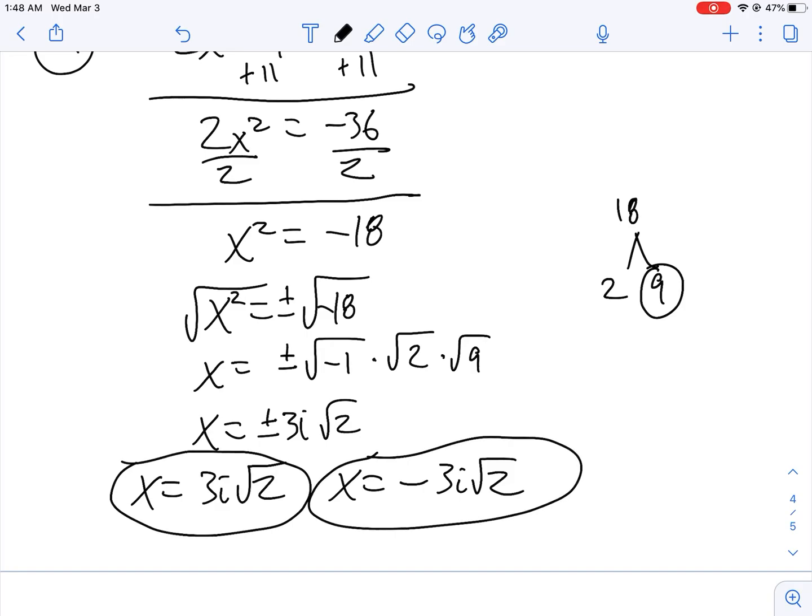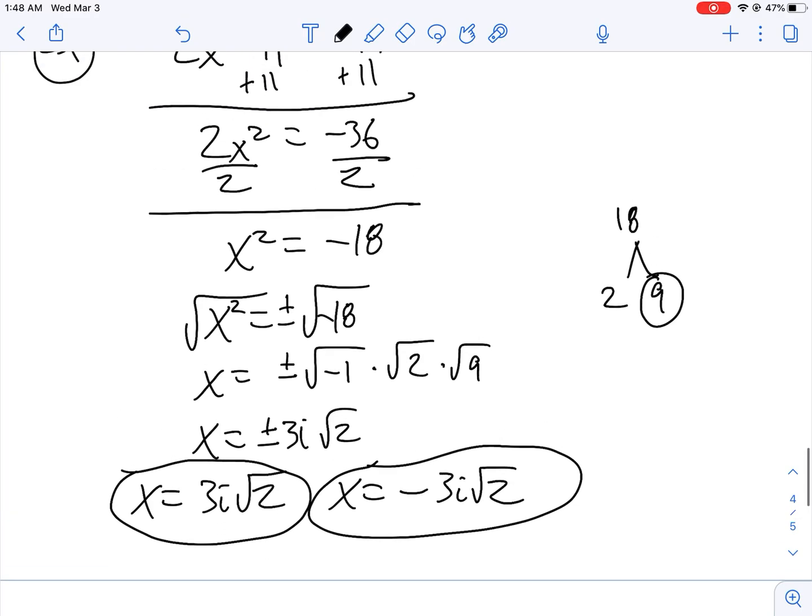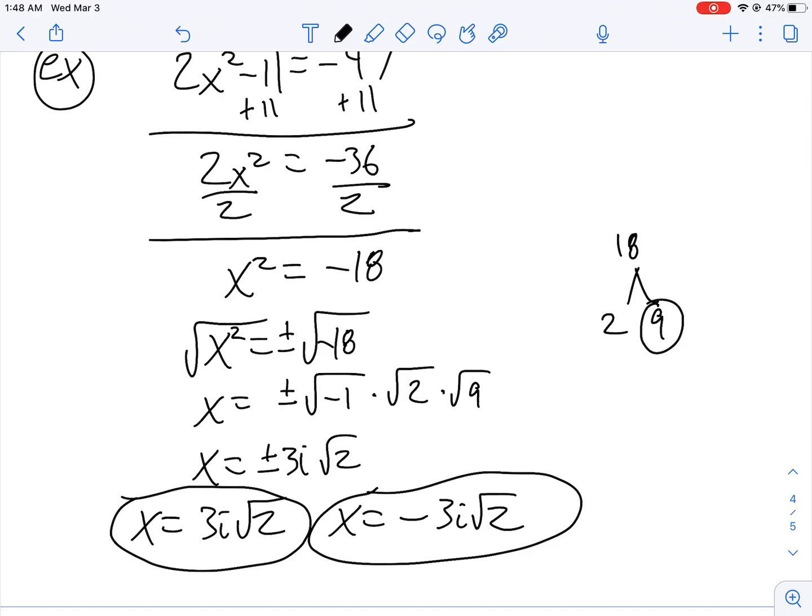And we're going to need this, because we can solve quadratics in this manner. We can also solve them using the quadratic formula, which comes up in a couple of sections. So we need to be able to do this and understand what i means. I think that's it. Yeah, I think we're good. Granted, there's going to be questions that are more complex, but the process is the same.